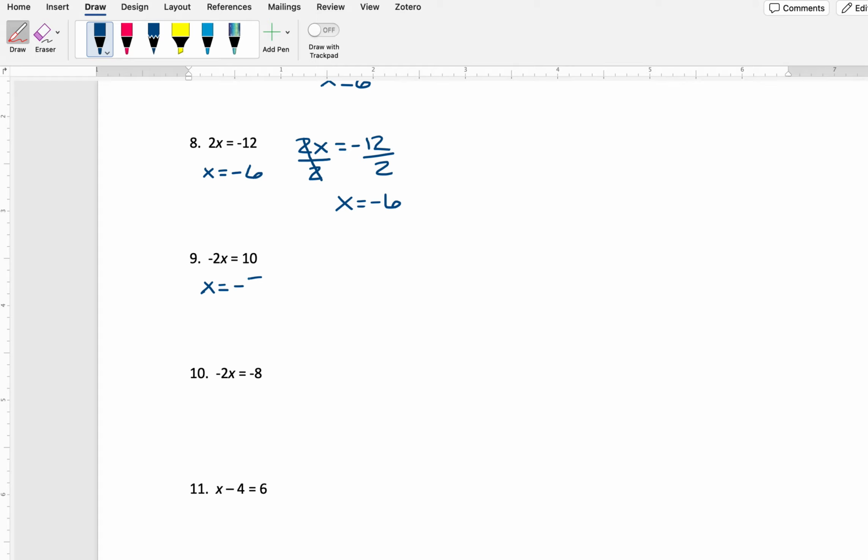So x has to be negative, and I know that 2 times what equals 10, that's going to be 5. So x is negative 5. In terms of my equation, I can divide both sides by negative 2. 10 divided by negative 2 is negative 5.